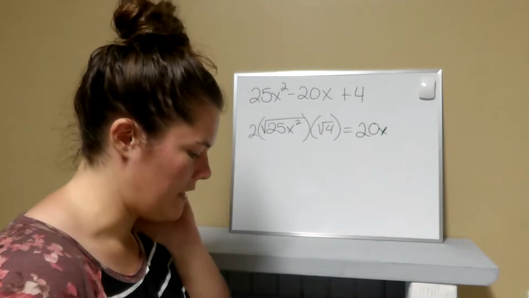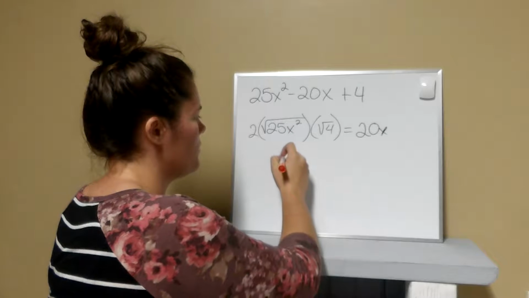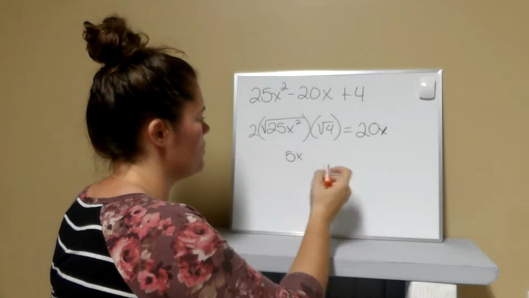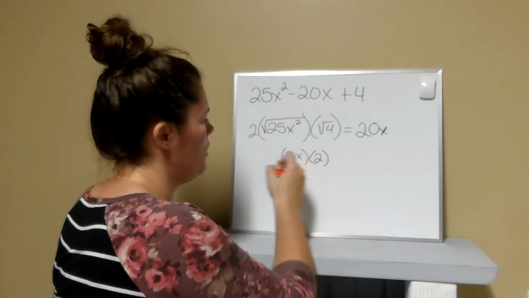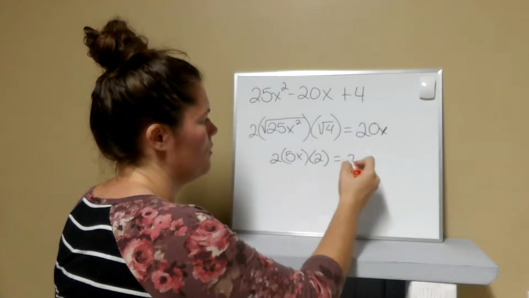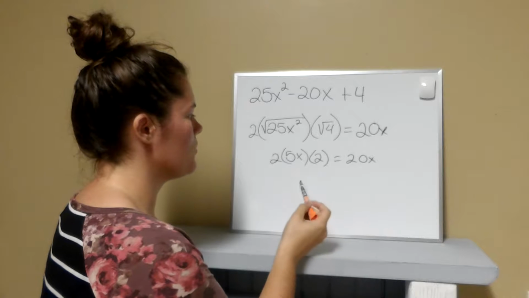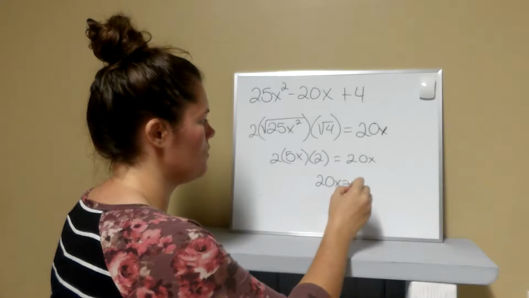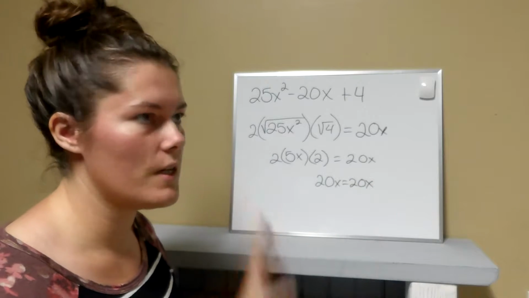Okay. So then you would have the square root of 25 is 5. Square root of x squared is x. Square root of 4 is 2. All multiplied times 2 equals 20x. So then you multiply 2 times 5x equals 10x times 2 equals 20x equals 20x. Okay, we've solved all that. So far you've understood it.